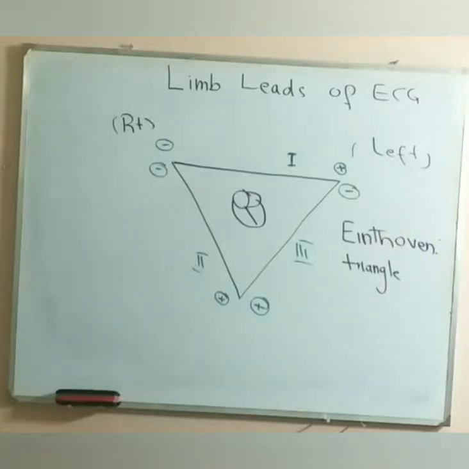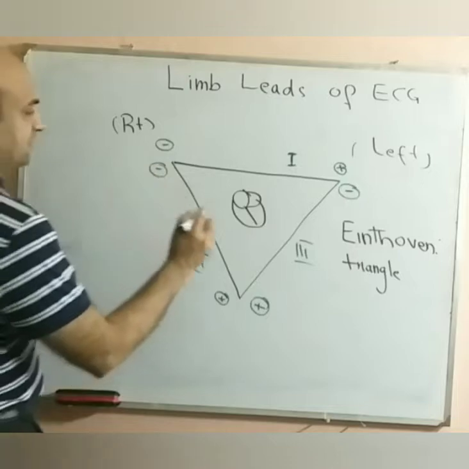Okay, now the aim of these limb leads is to pick up the electrical activity of the cardiac muscles from here, and put it on a piece of paper, because the wave of depolarization is going towards all these leads.